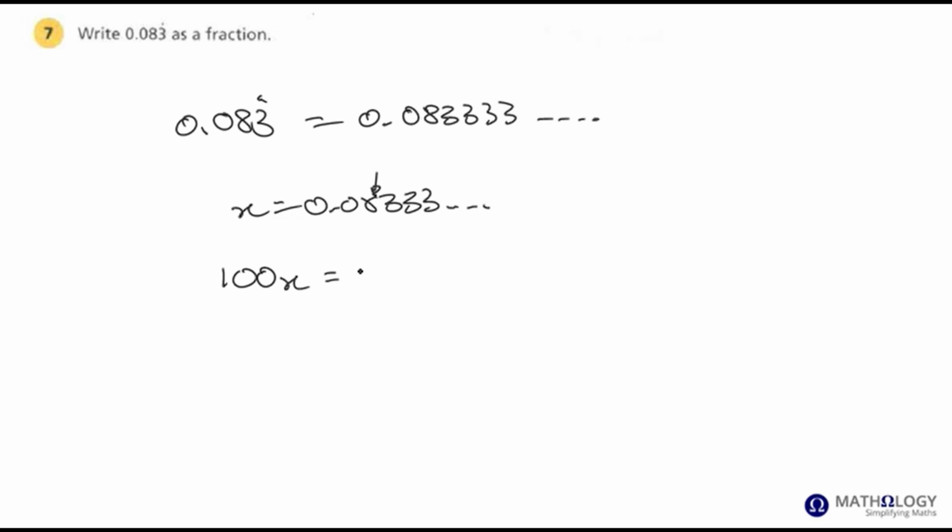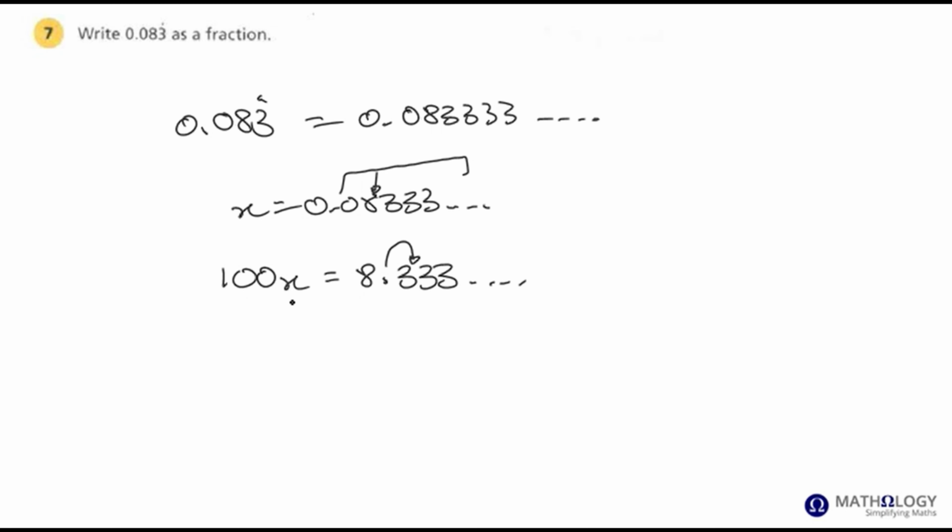So 100x equals 8.333 recurring. Now the decimal part here, 0.8333, is not the same as 0.333. So we need to manipulate the 100x and multiply by another power of 10 in order to move the decimal point further to the right.